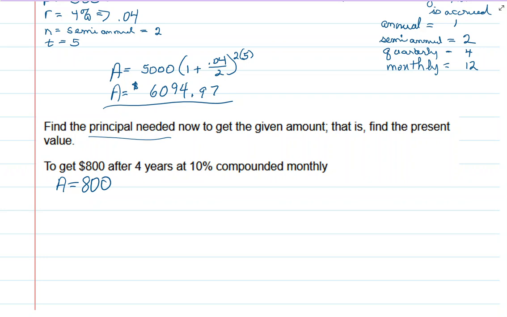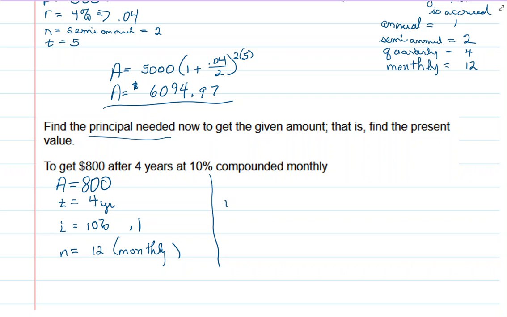So the amount is A. Our T is 4 years. Our I is 10%, which is great. And compounded monthly, our N is 12. A lot to consider because you guys are going to be doing stuff.